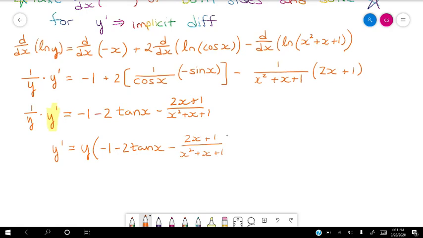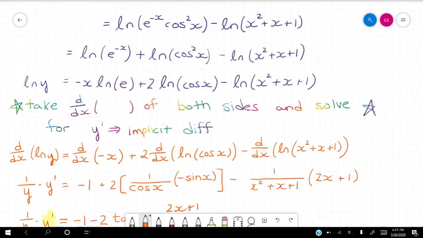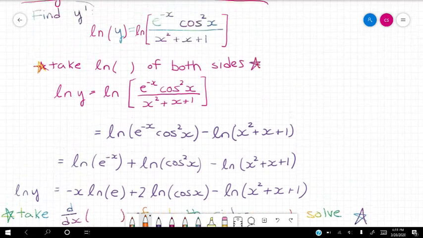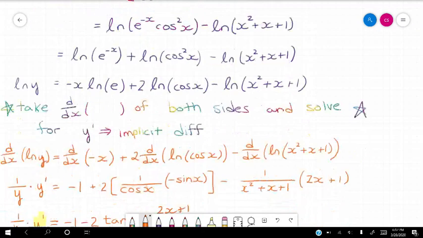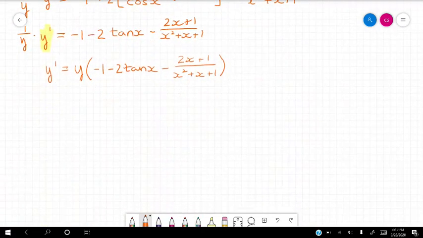And then if we were asked to find the derivative of y, and the original function, all the way up here, was given in terms of x only, that's what we have to return. It's only polite. So your last step is to make that original substitution, that y is equal to this big old function. So let's write that, and then we'll call it a day. Okay, and then that's the derivative.